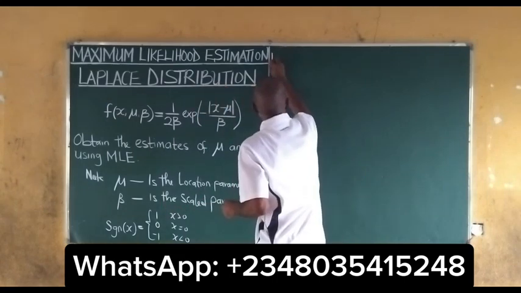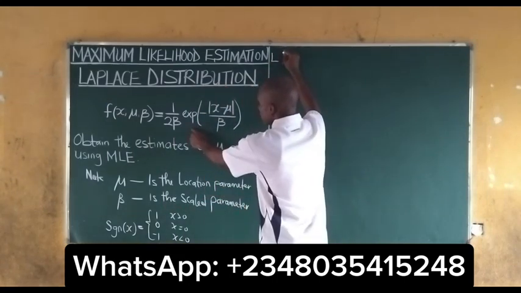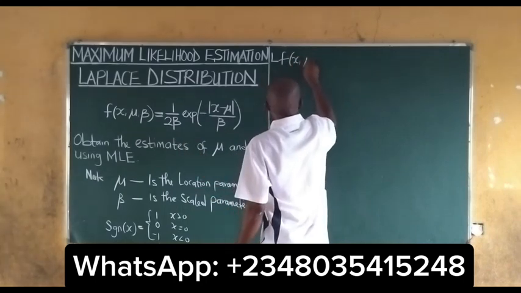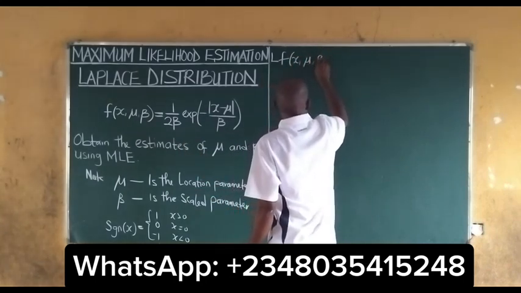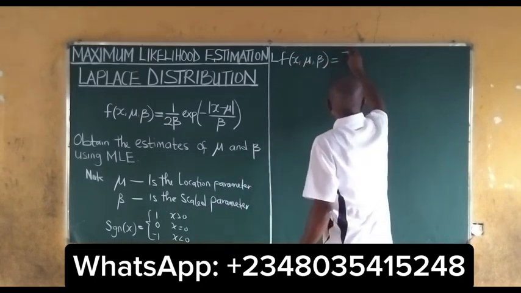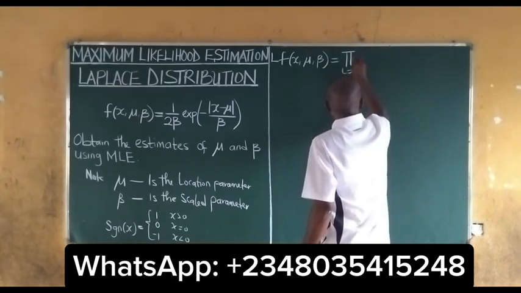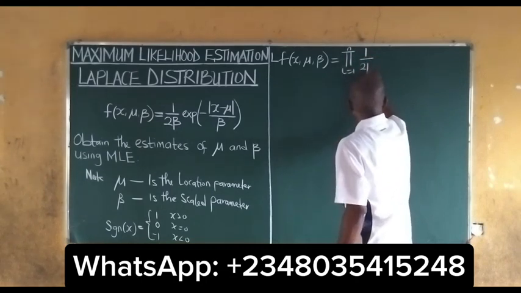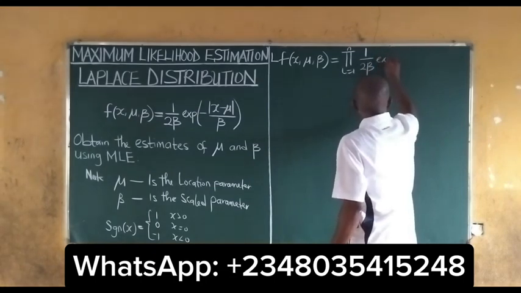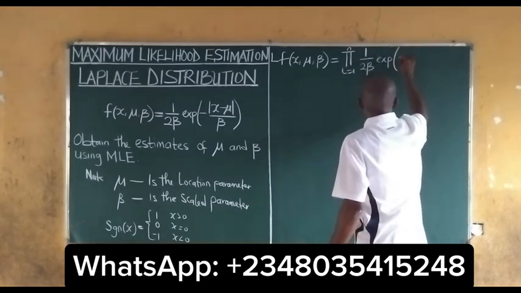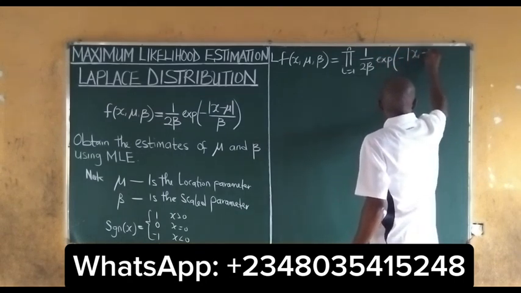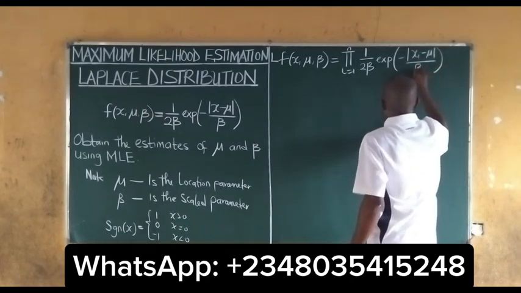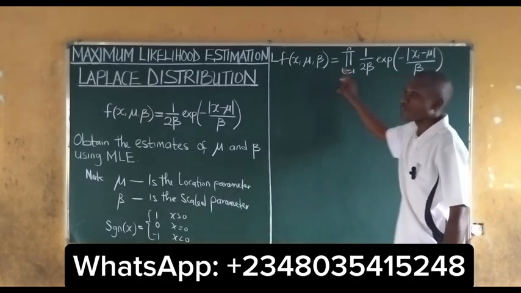And the likelihood function of the Laplace distribution is equal to the product, i running from 1 to n, of the given distribution, with mu over beta. So this is what we get if we want to take the likelihood function.